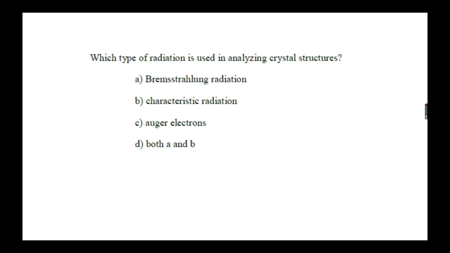I showed you two or three classes back one picture of the interaction volume, where the Auger electron is coming, secondary electron is coming, characteristic X-rays are coming, Bremsstrahlung radiation is coming. So for the crystal structure, which can we use?